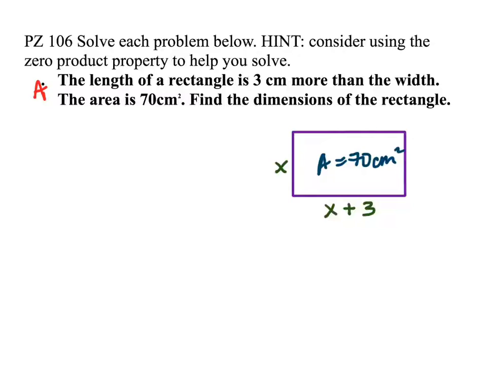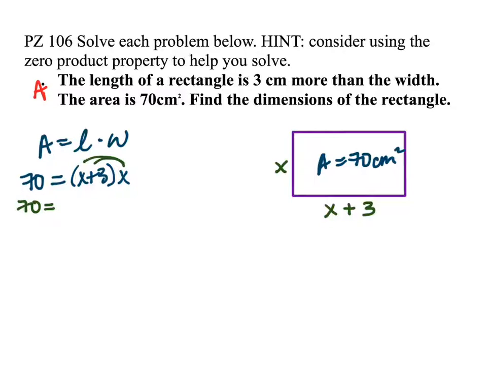So now that I've labeled this drawing, I'm going to work through what I know. I know that the area formula is the same thing as length times width. So I know that 70 centimeters squared should be equal to x plus 3 times x. I'm actually going to make that a little neater. So x plus 3 is that length, and x is my width. So using the distributive property, I'm going to simplify and end up with 70 is equal to x squared plus 3x.